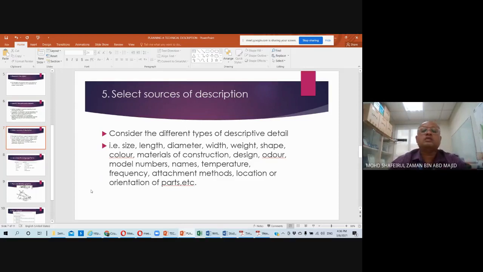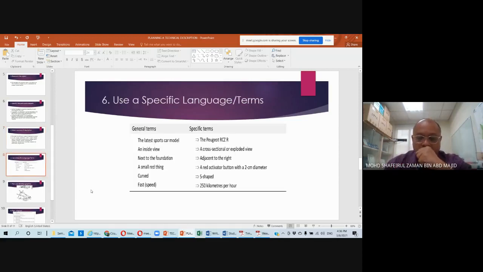Right, then once you have identified all the main parts and the subparts, you're going to select the sources of description. Remember, not all sources of description are applicable for each of the main parts. Sometimes it's going to be different, so please be very careful when you are selecting your sources of description. Number 6, use specific language or terms.